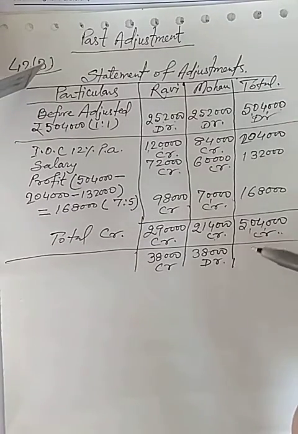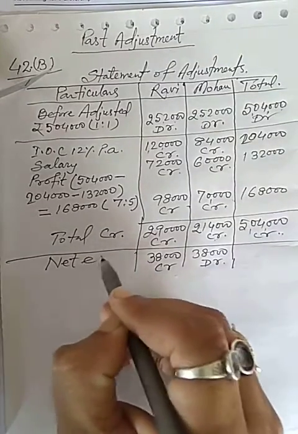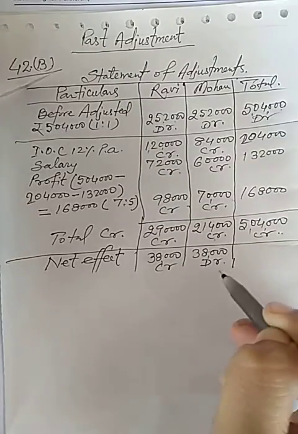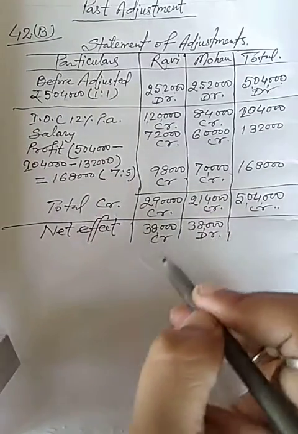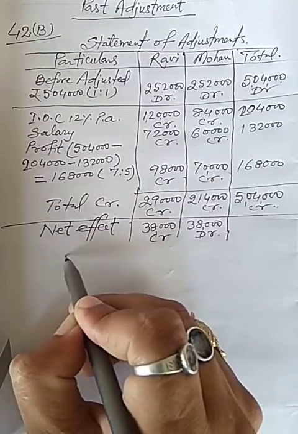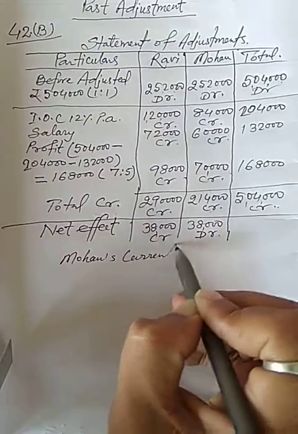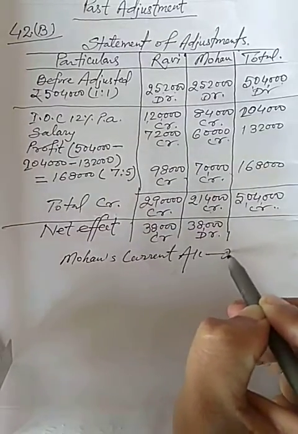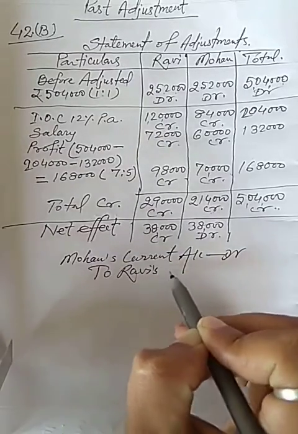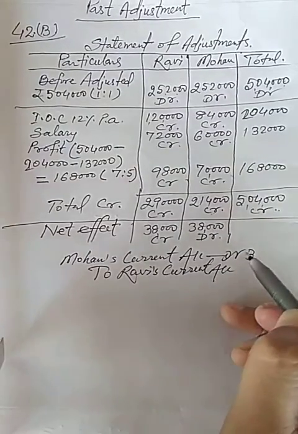So net effect will be 38,000, and the journal entry will be Mohan's current account DR to Ravi's current account 38,000.